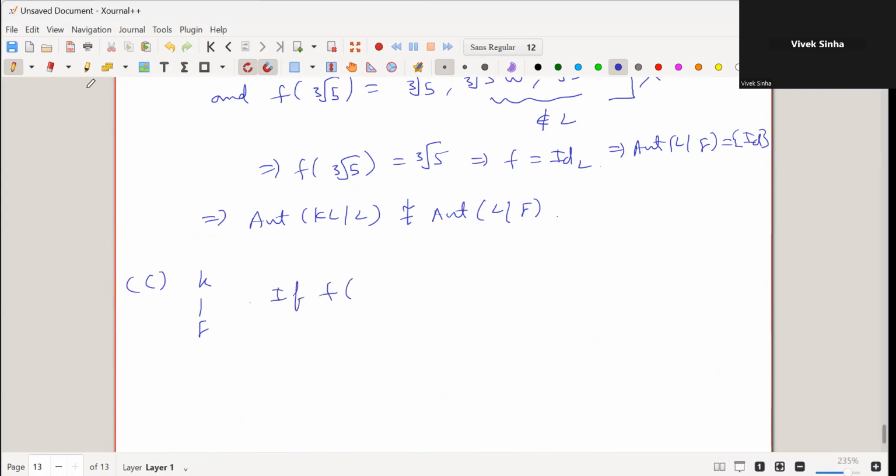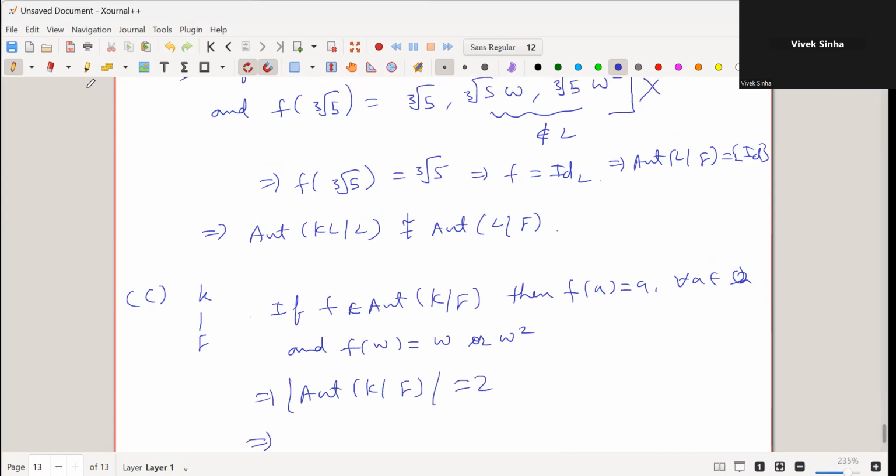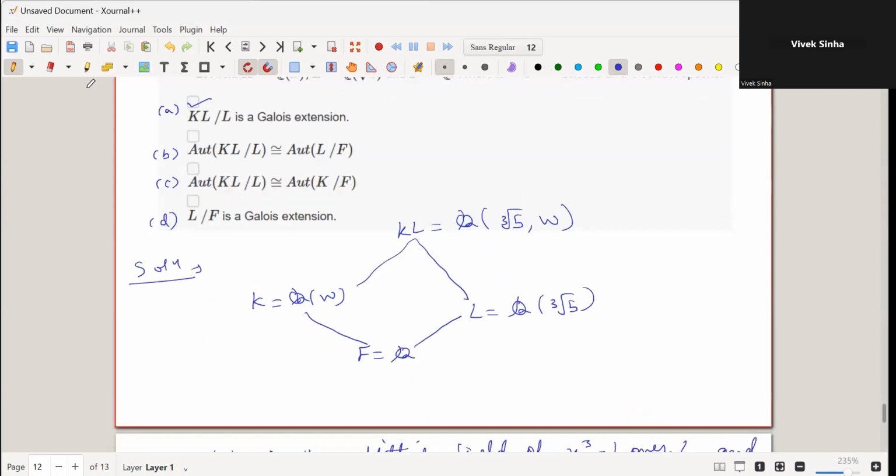If f belongs to the automorphism group of K over F, then f of a is equal to a for all a belongs to Q, and f of omega can be omega or omega square, which implies the automorphism group of K over F has cardinality 2, and the above group also has cardinality 2, and thus they are both isomorphic to Z2.